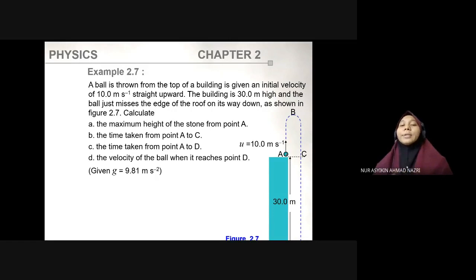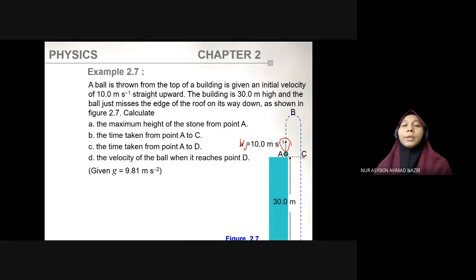As long as dia ada expression kat sini, dia ada tunjuk initial velocity ni. Okay, initial velocity. So dia dah label kat sini. So faham sendirilah kan. Okay, so walaupun tak ada orang yang baling, lantaklah dia naik sendiri ke apa lantak dia. Alright, so the building is 30 meter high. Okay. And the ball just misses the edge, kat sini lah.